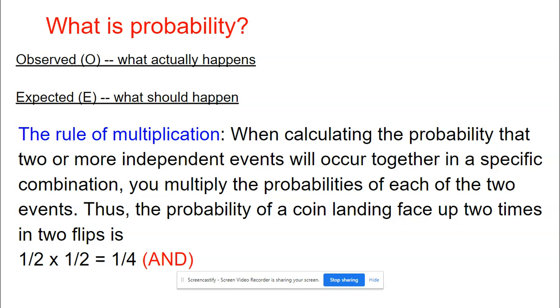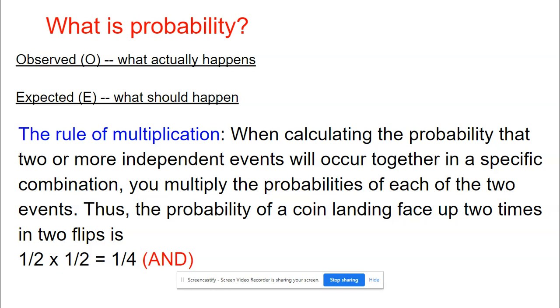Now, if I roll a dice, and there's 6 sides to a dice, nothing tricky about it, what are the chances that I would get a 1? Well, it's 1 out of 6. What are the chances that I'm going to get a 2? It's still 1 out of 6. So is that what's going to happen though? Not necessarily.